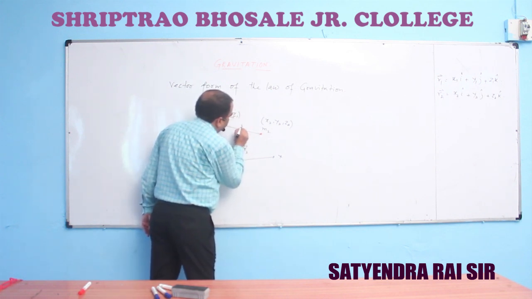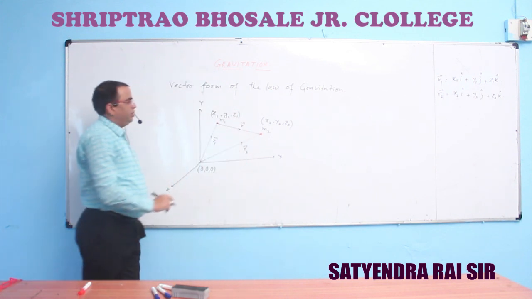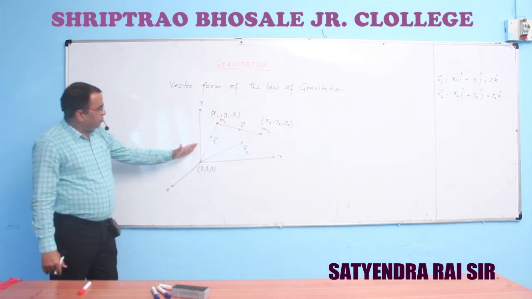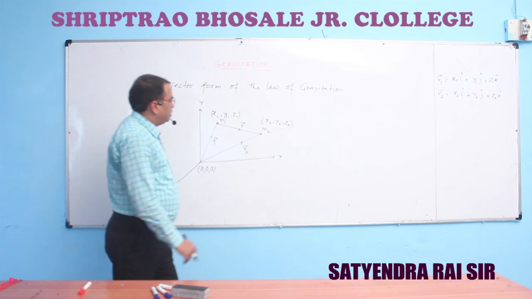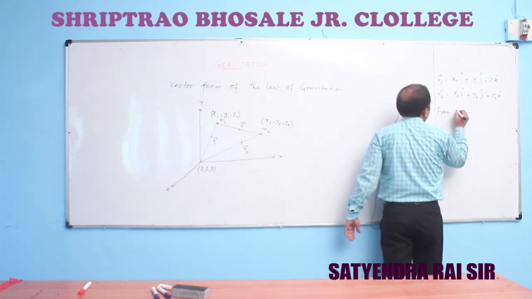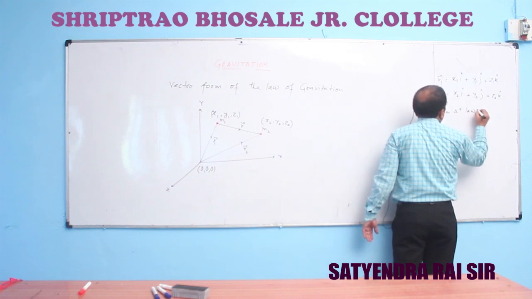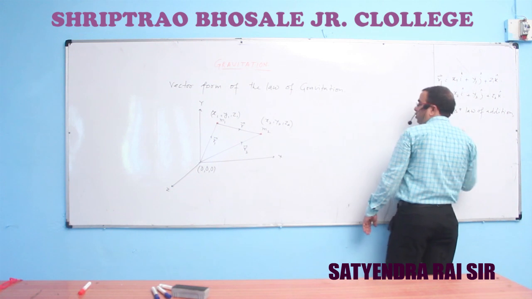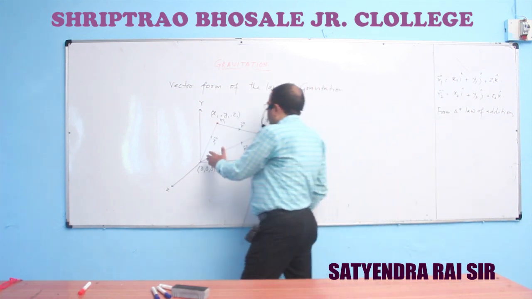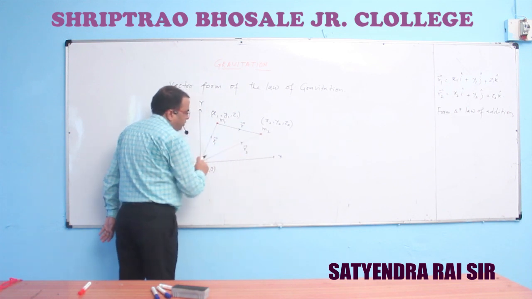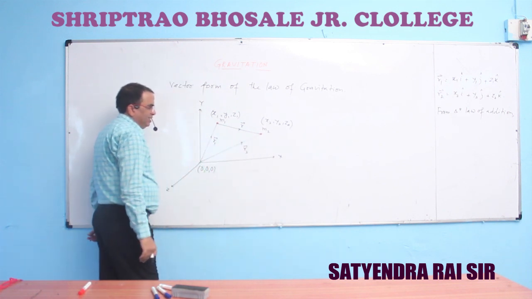Now see, let us consider another vector R which joins our two point masses m1 and m2. From the triangle law of vector addition, what can we write? First vector, second vector, and the third vector in the opposite order is the resultant.